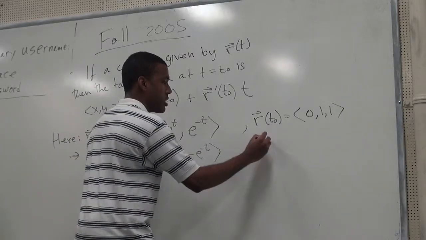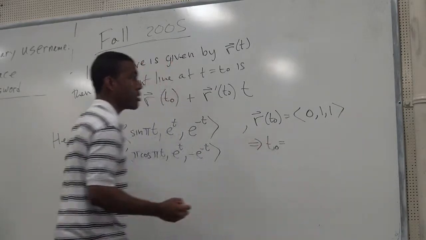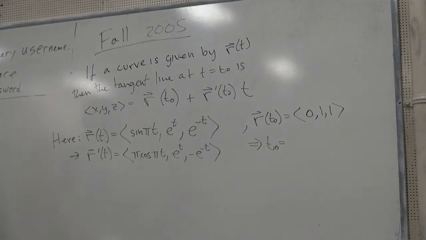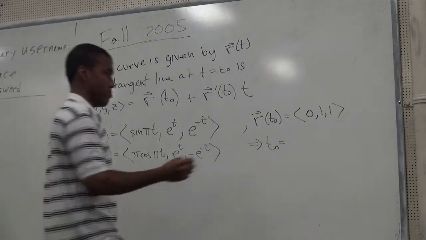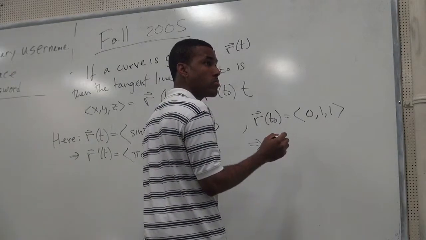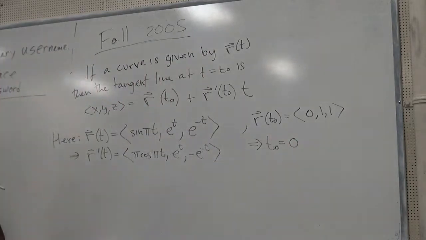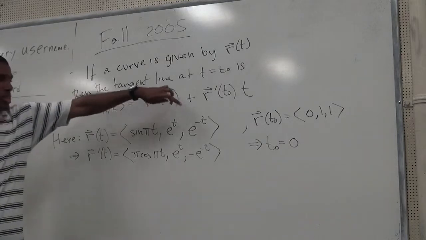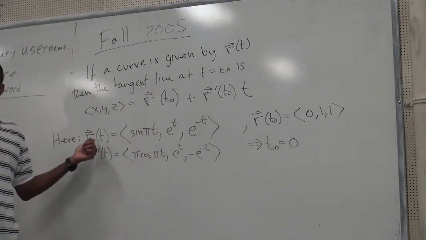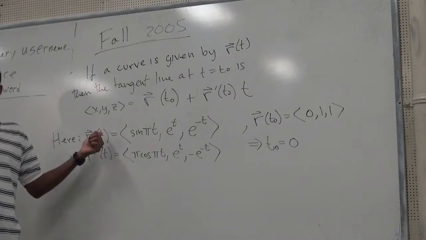This actually means that t0 is equal to what? Correct, t is equal to 0. How do we know it's 0? Because r of t gives you the x, y, and z coordinates, the position vector that gives you the points on the curve.